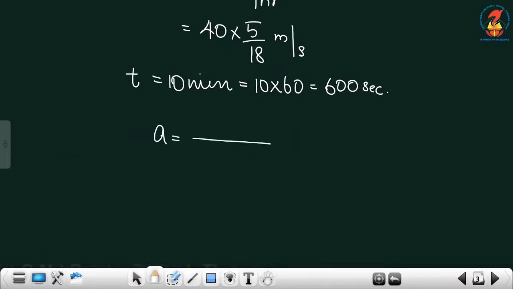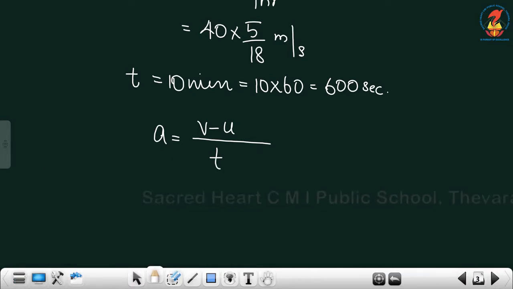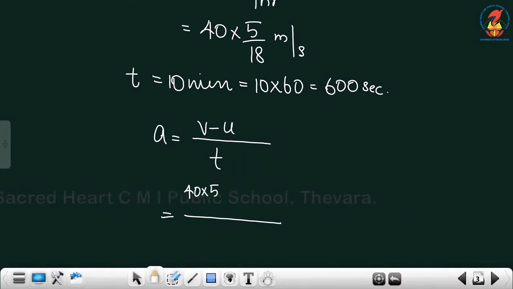a equal to v minus u by t. This one is v, 40 into 5 by 18, minus 0. So I will write it here like this: 40 into 5 by 18 minus 0, divided by 600.